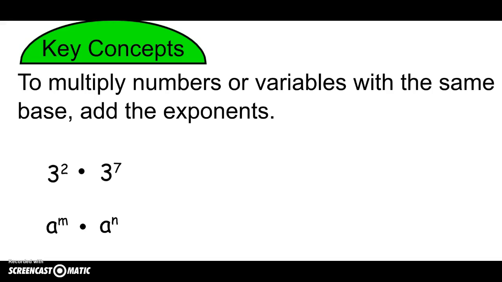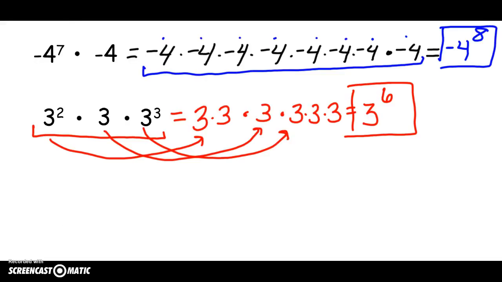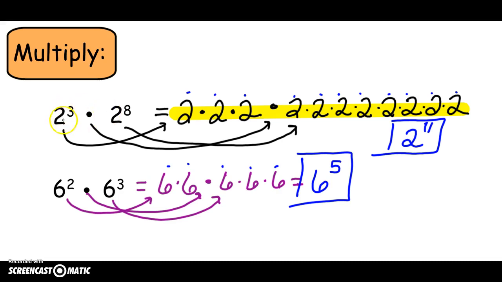Now, the problem with doing this is what if I have 3 to the thousandth or 3 to the hundredth? I don't want to have to keep writing out 3 times 3 times 3 times 3. So if you notice, if we go back and look, you will see that 2 to the third times 2 to the eighth is 2 to the 11th. And 6 squared and 6 to the third is 6 to the fifth.